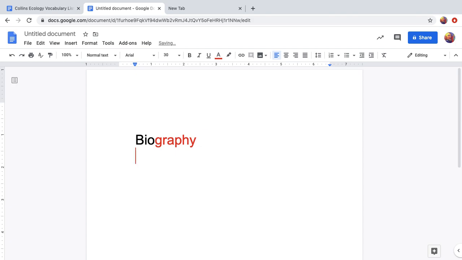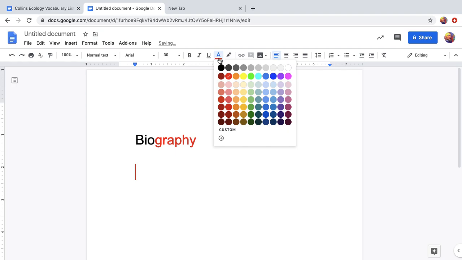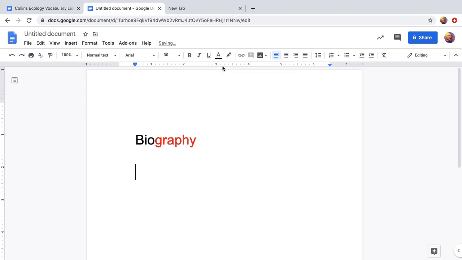That's right, it's a book about someone's life. That's why it starts with bio. If you've ever taken or will be taking biology, we just learned that ology means the study of. So what does biology mean? The study of things that are alive.